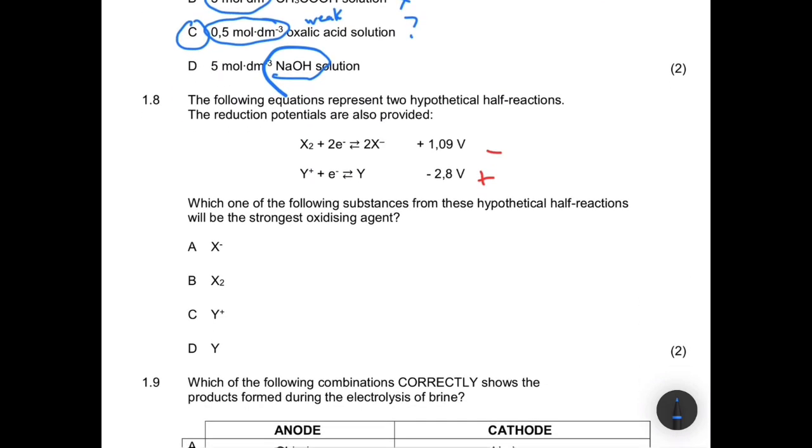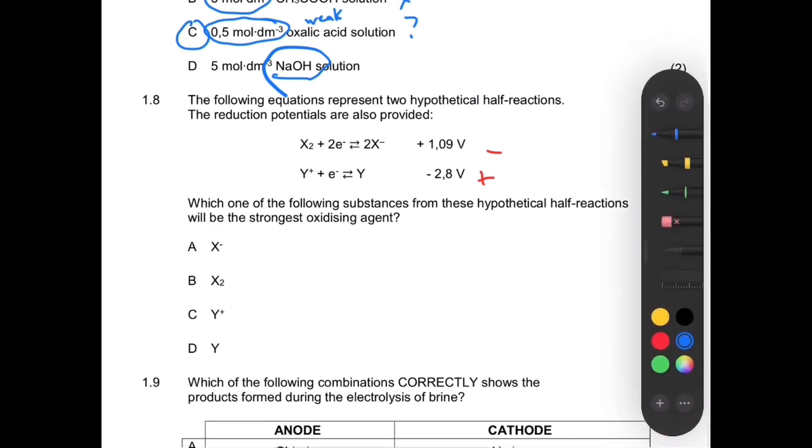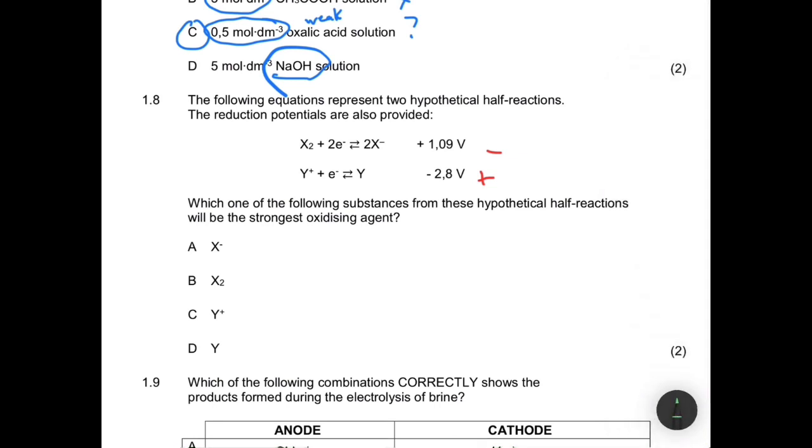Let's see what 1.8 has for us. It is saying that the following equations represent 2 hypothetical half reactions. The reduction potentials are also provided. Here we have X2 plus 2 electrons giving us 2X minus, and then we have the reduction potential.